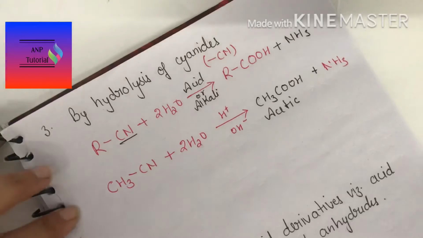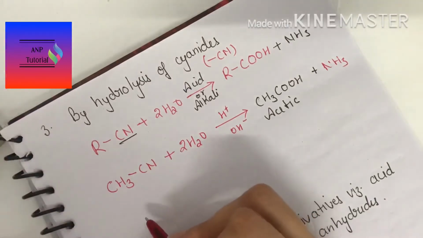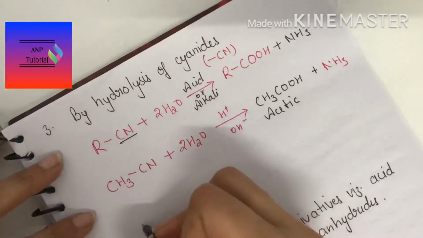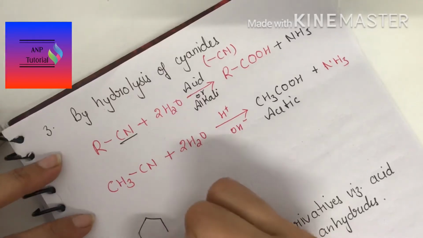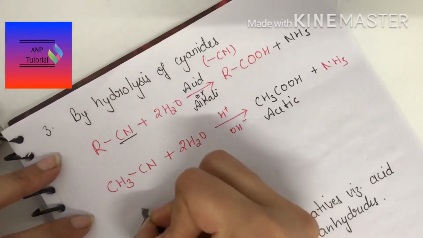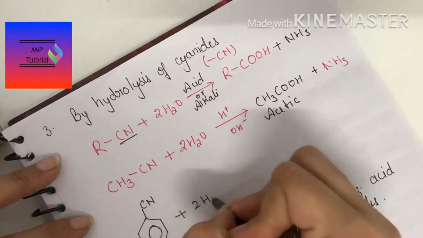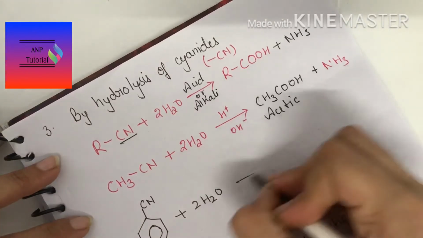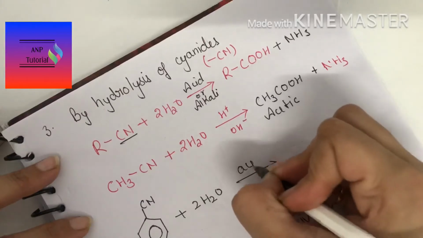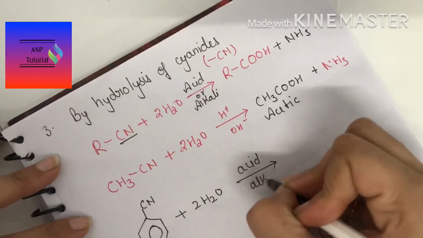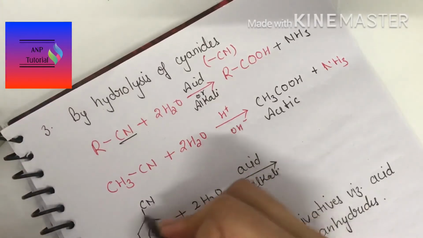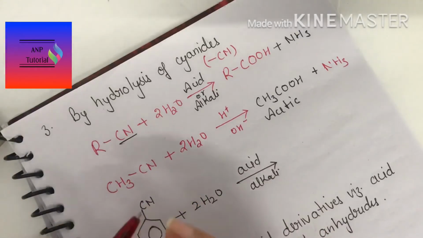Similarly, we can get it from phenyl cyanide. Phenyl cyanide is what? This benzene ring, and the cyanide group is directly attached. Hydrolysis takes place in the presence of water, in the presence of acid or alkali. Right. This CN group changes into the COOH group.